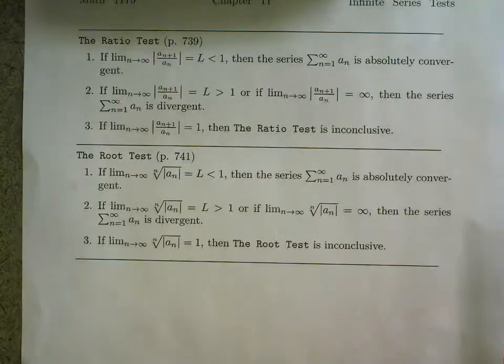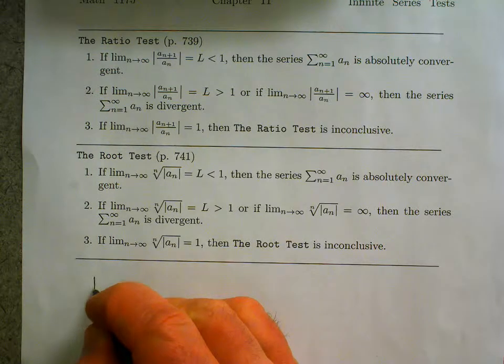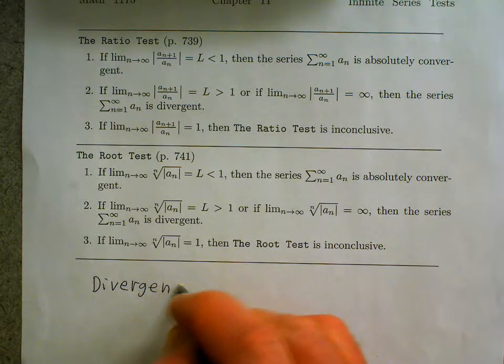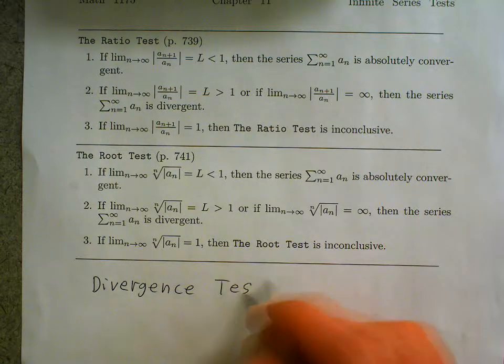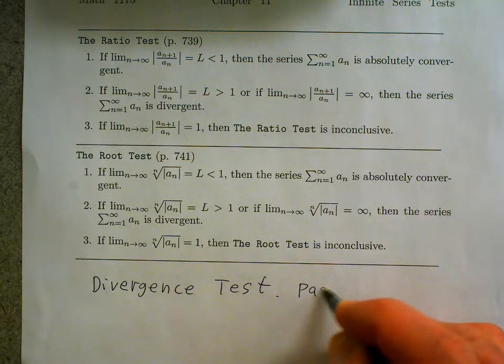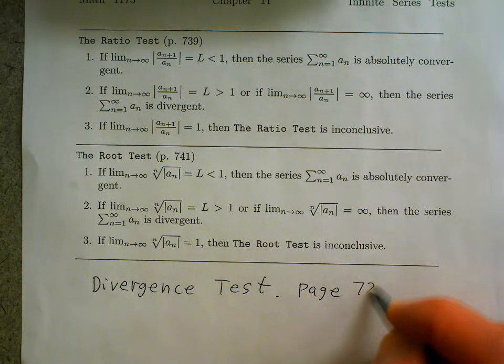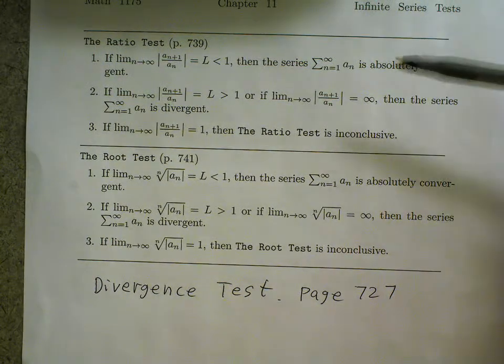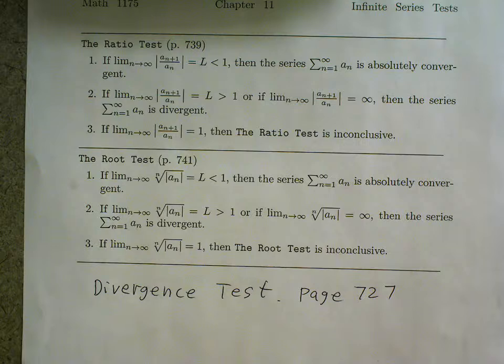And then also remember the divergence test. I think that's on page 727. You don't necessarily need to memorize these tests, but you need to know them well enough to be able to apply them.